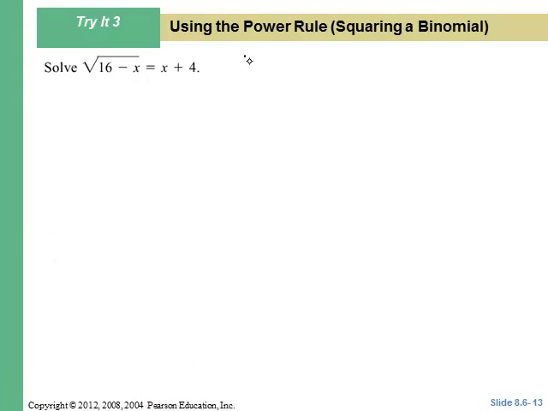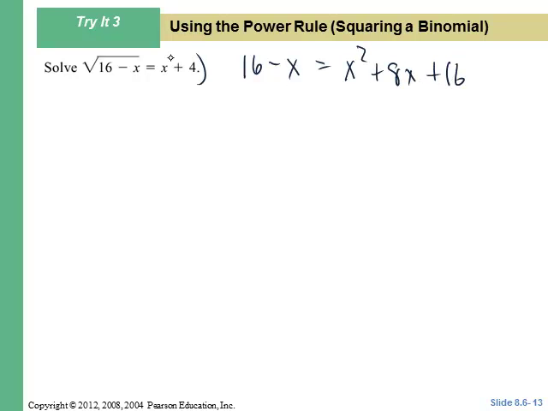Square both sides. 16 minus x equals x squared plus 8x plus 16.